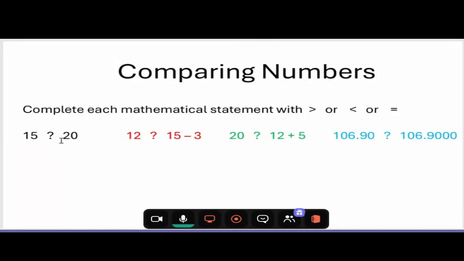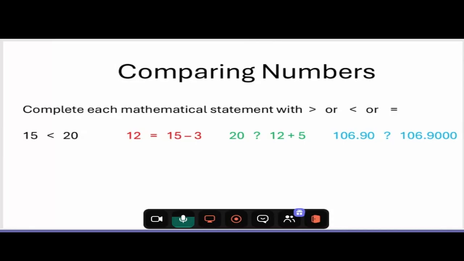So compare 15 and 20. Well, 20 is bigger than 15, but since the 15 is on the left, we've got to use the less than sign. 15 is less than 20. Compare 12 with 15 minus 3. Well, 15 minus 3 is equal to 12, so we're going to pop an equal sign in there.